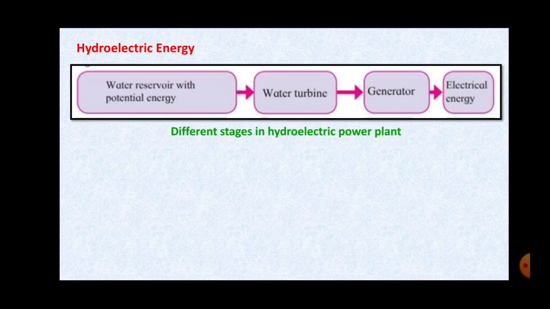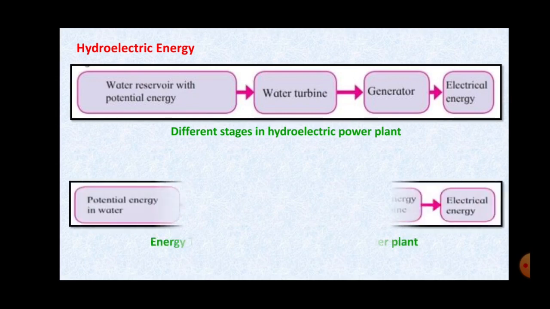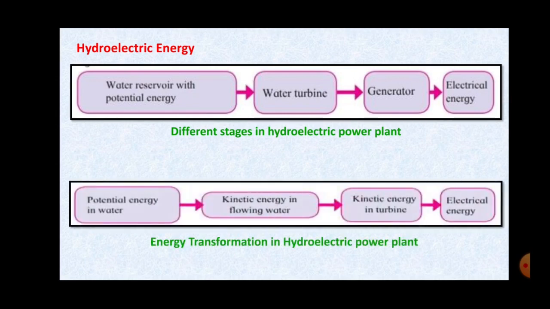Due to this kinetic energy of water, the turbine starts rotating, which in turn moves the generator, and the generator generates the electrical energy. The schematic representation is: potential energy of water is converted into kinetic energy. This kinetic energy turns the turbine, and in turn the generator generates the electrical energy.